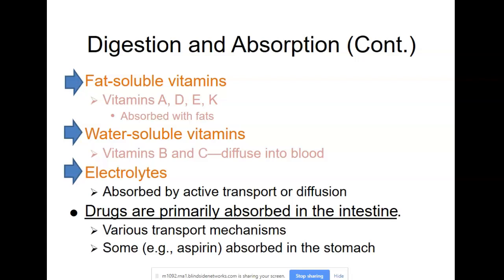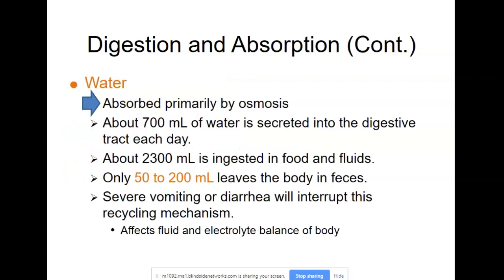Drugs that you take, like Tylenol or a prescription or ibuprofen or what have you, are all absorbed in the small intestine. They don't really get absorbed other places. They can, depending, some go in the stomach, like aspirin, the salicylic acid, but most, like the vast majority, happen via the small intestine. All right, water.